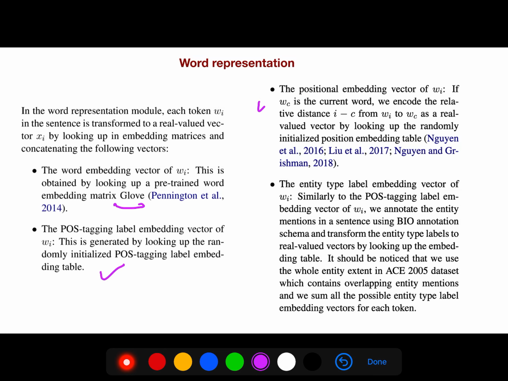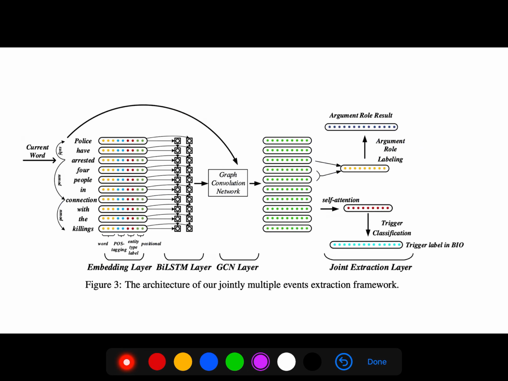Also, the positional embedding is a good feature because if w_c is the current word, we encode the relative distance, and the entity type label. Similarly to the part of speech tagging label embedding, we annotate the entity mentions in a sentence using the begin, internal, and outside annotation schema.